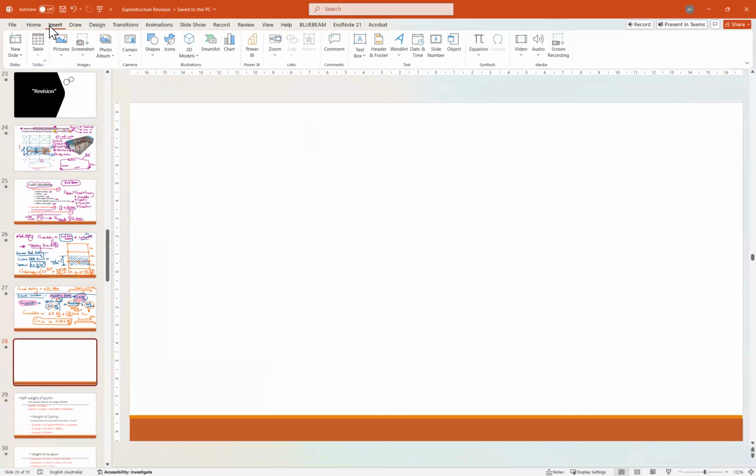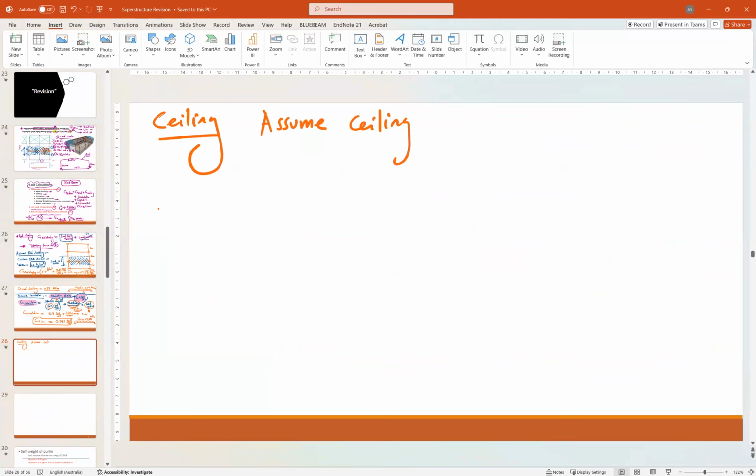What is the next load? The ceiling, for example. The ceiling also is not given, so we need to assume a ceiling.